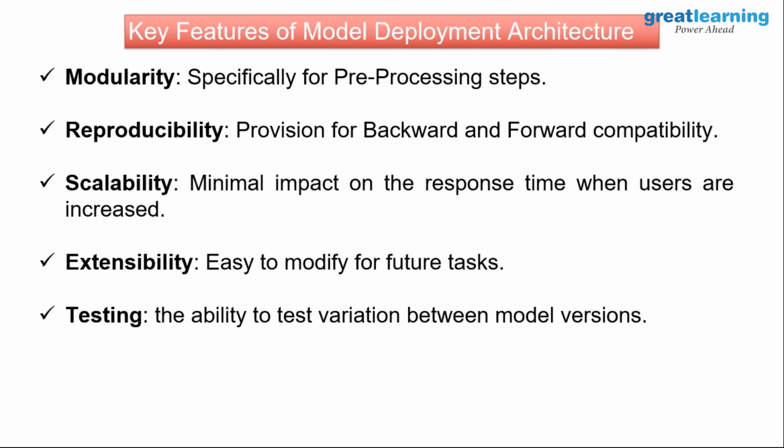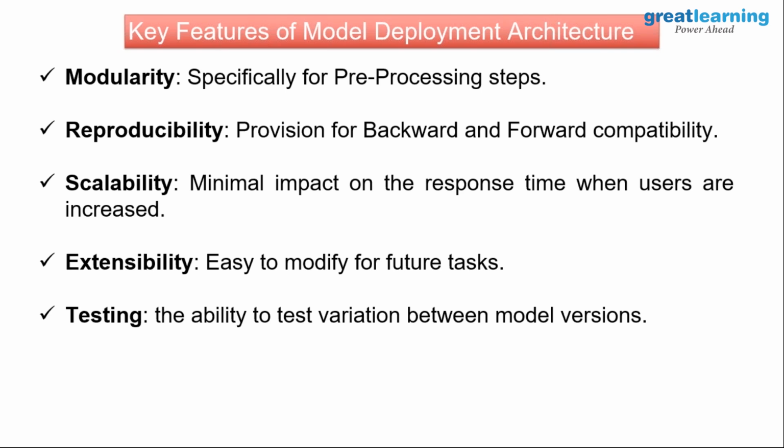Sometimes we just go back and look at the previous version which was deployed. That previous version could be related to certain different pre-processing steps which were done, or a different kind of features which were available on the data set. So the model deployment architecture should be able to manage these versions and give the organization an option to test the model on different versions.